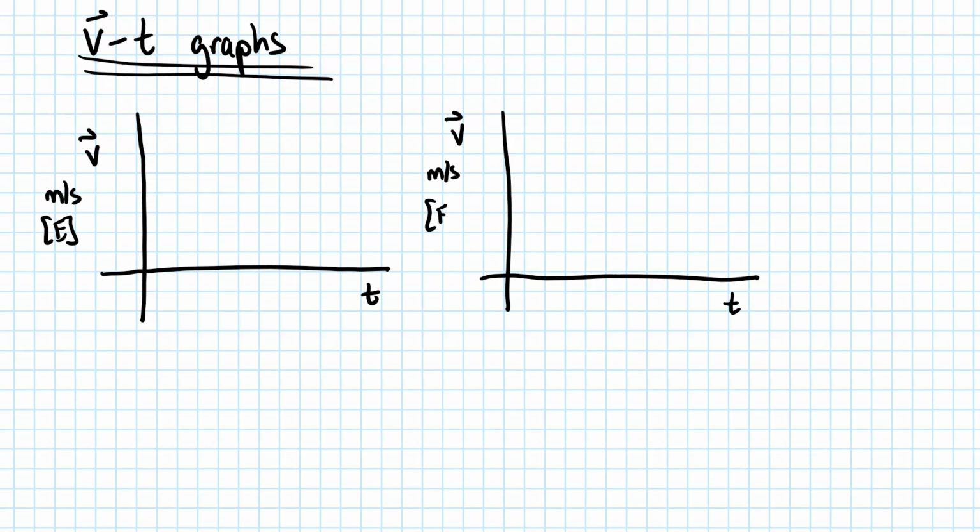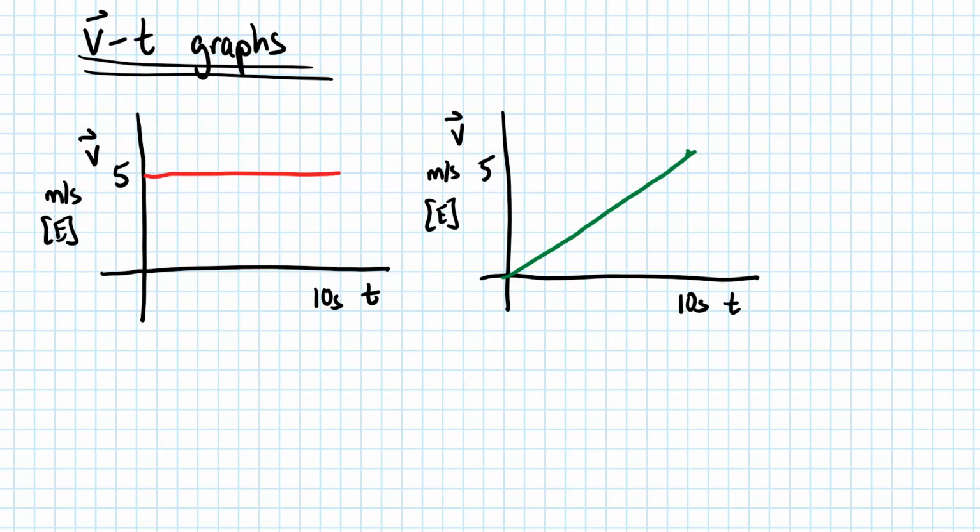In our first graph, we have an object that is going 5 meters per second from 0 to 10 seconds. For our other graph, it will also end up at 5 meters per second after 10 seconds, but the object is going to start at a velocity of 0, so its graph is a straight line that looks like that.